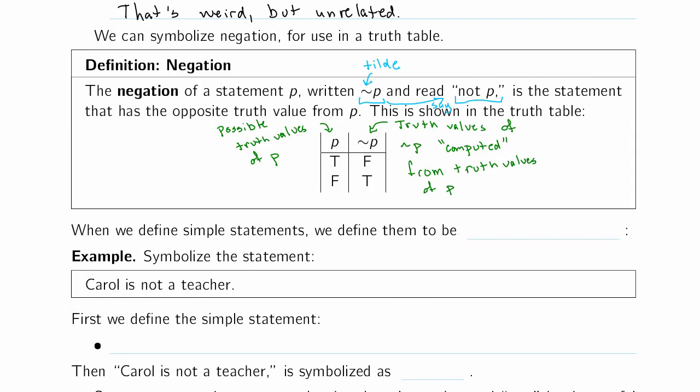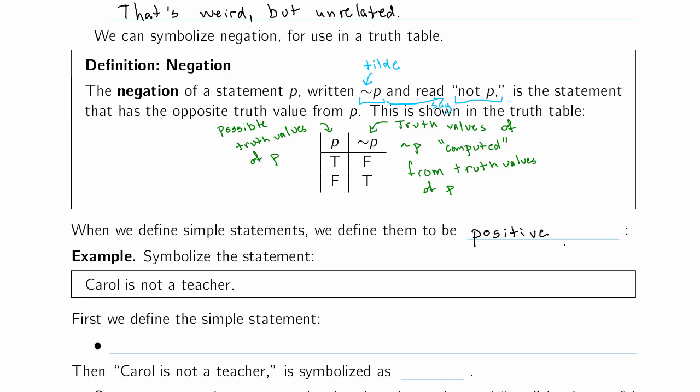Now, since we have these negations available to us, when we're defining a simple statement, we want to define a positive version of that statement. That is, we want the statement to be saying that something is true, not that something is not true.